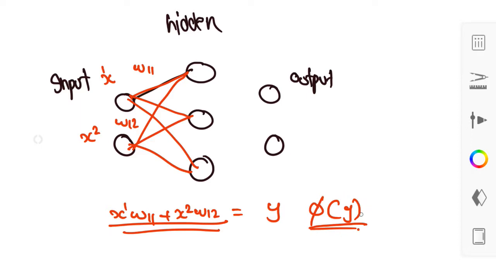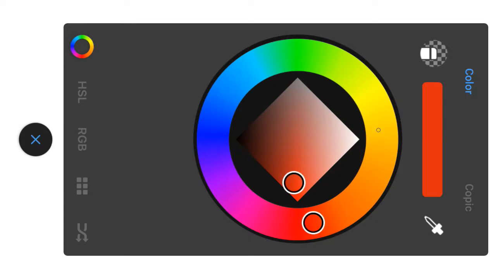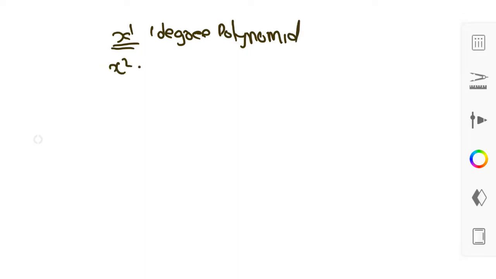What happens with this activation function is it adds nonlinearity. Now you might be wondering what the use of an activation function in a neural network is. That's what we are going to talk about. Before we go deep into neural network understanding, let's consider what a polynomial is. x raised to 1 is a 1 degree polynomial, and x raised to 2 is a 2 degree polynomial.